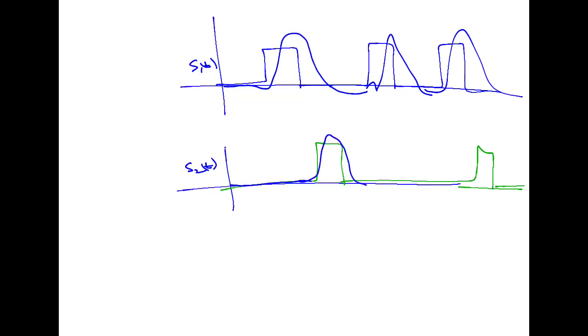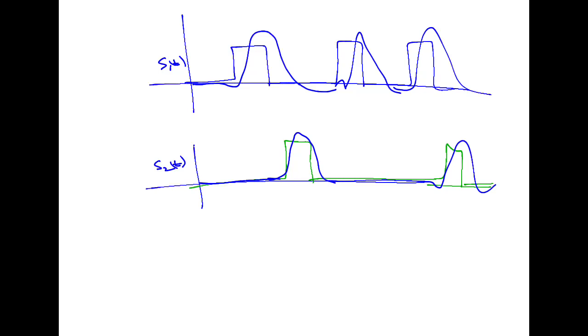So when I am presenting both stimulus 1 and stimulus 2, my expected response for a voxel that gets activated both by stimulus 1 and stimulus 2 would be the sum of these two. Okay. You don't agree. That's a very good point. Why will it be a sum of these two? It will be a sum because of an assumption we make in the analysis, which is called linear and time invariance.